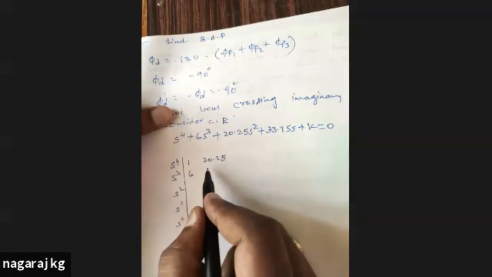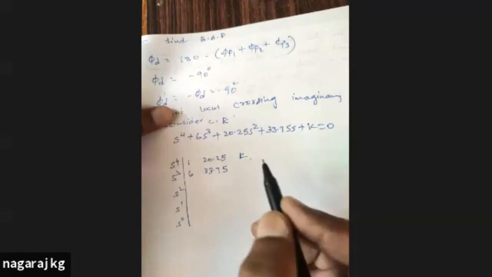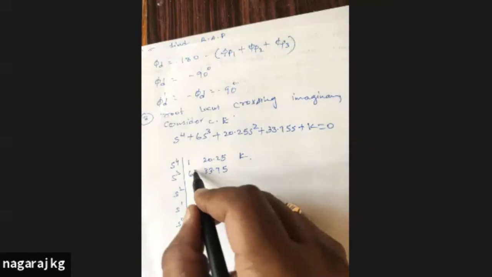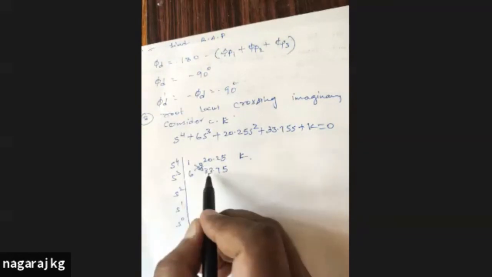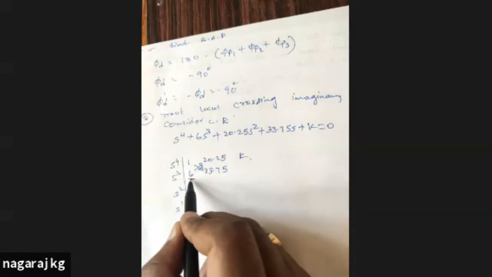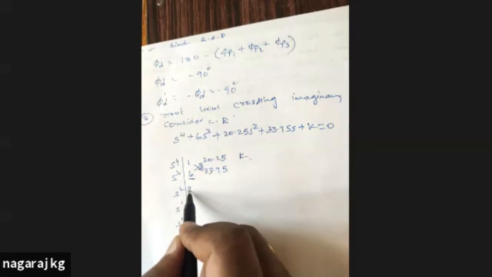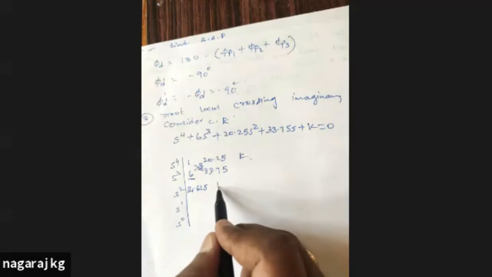Then we have 33.75 and K. Complete the Routh array. This into this, minus this into this, divided by this. When you do that, you will get this value as 14.625. And here it will be K.